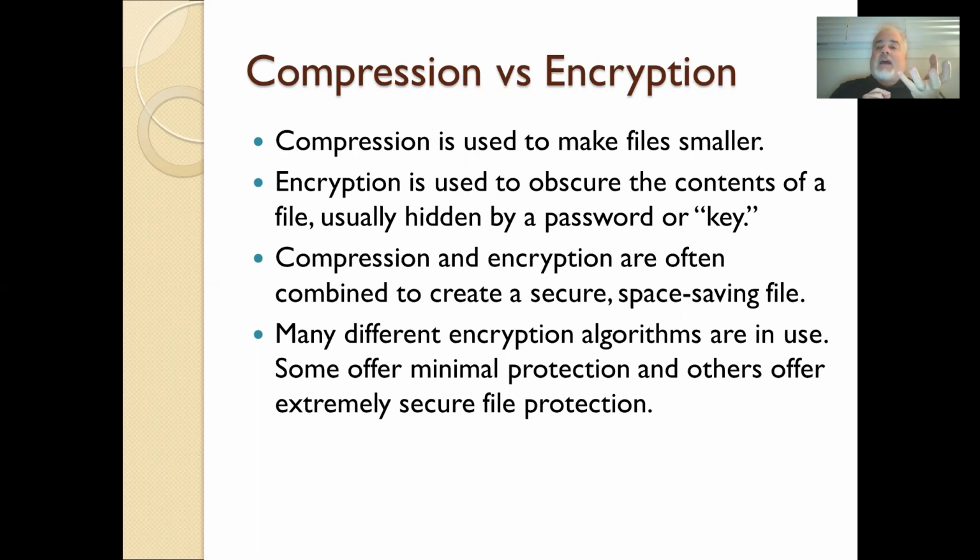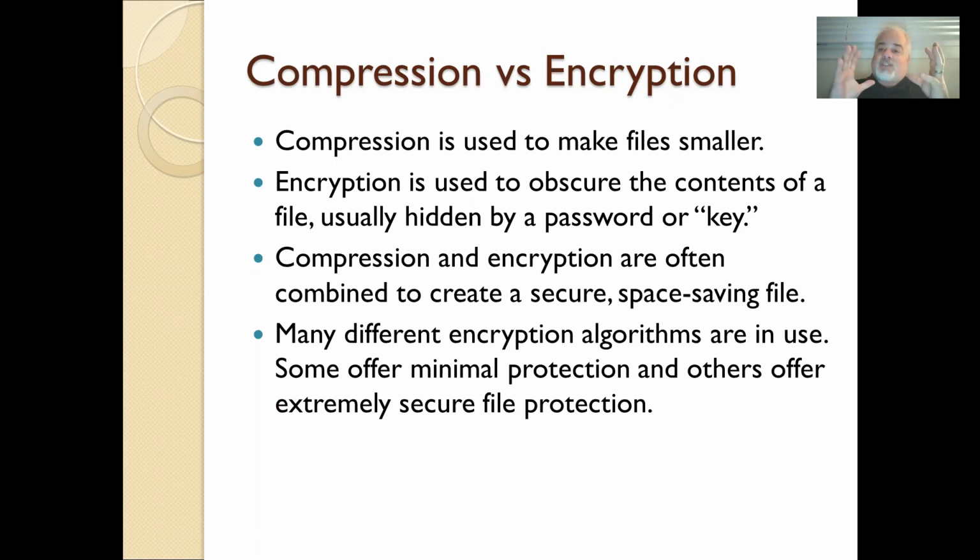So for example, if I took a JPEG photograph and it's private and I don't want anybody else to be able to see it on my computer, I could put it in a zip file and encrypt it. Now the JPEG file is a lossy compression.